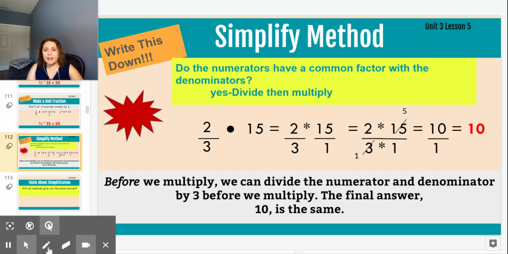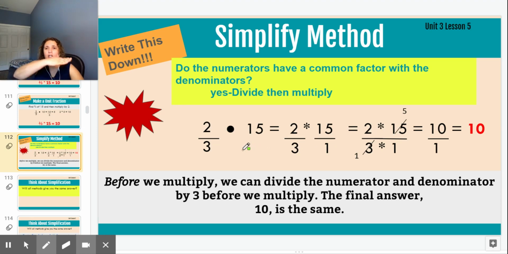So in our example here, 2/3 times 15, I rewrote it to 2/3 times 15 over 1. Now remember that the fraction bar means division. All I simply did is I extended the fraction bar. And now I have multiplication over multiplication, right?